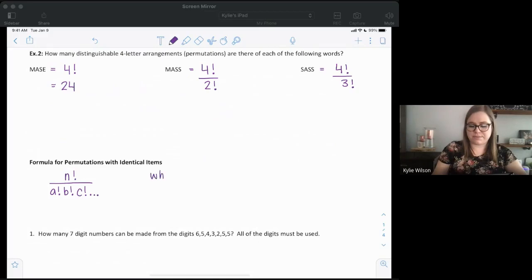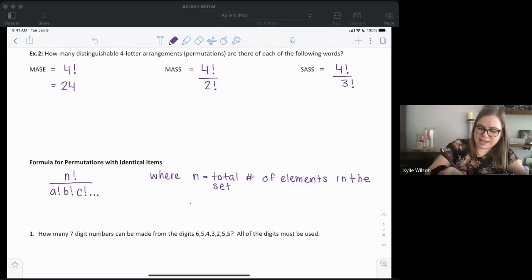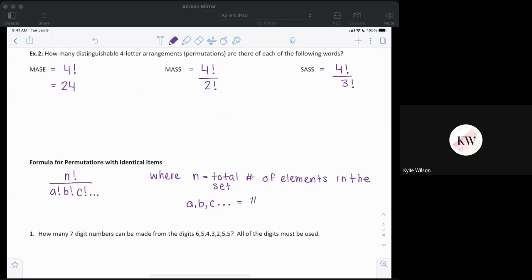This happens where n is my total number of elements in the set, and a, b, c, and that could continue with however many identical items I have, is the number of identical elements of each type.